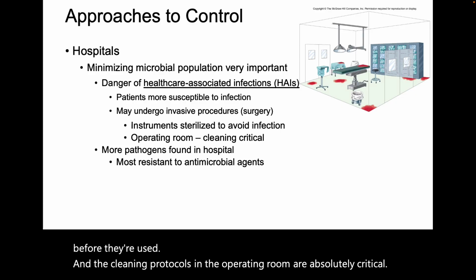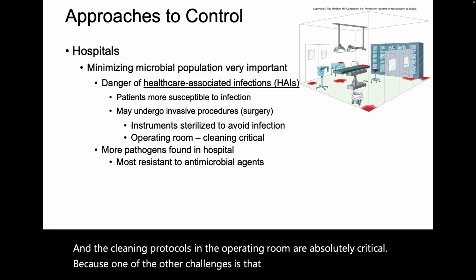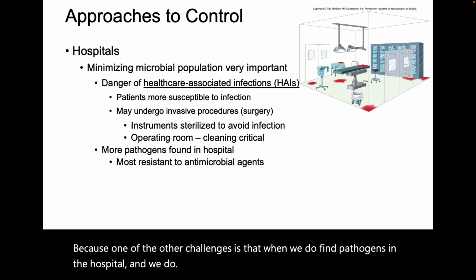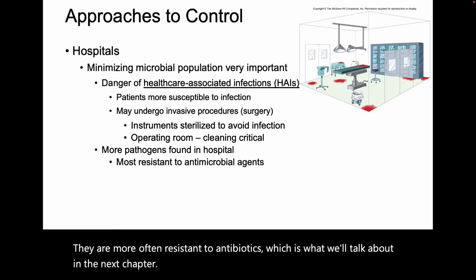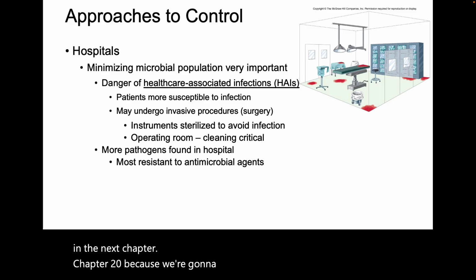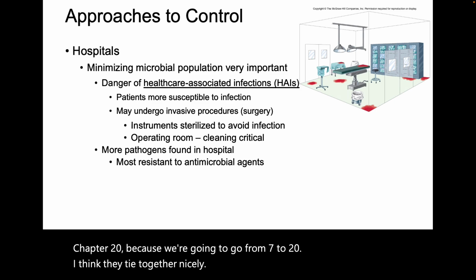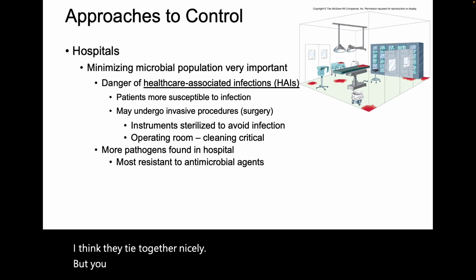Because one of the other challenges is that when we do find pathogens in the hospital, and we do, they are more often resistant to antibiotics, which is what we'll talk about in the next chapter, chapter 20, because we're going to go from 7 to 20. I think they tie together nicely. Okay. But you would be surprised at where in hospital settings you find antibiotic-resistant microbes.